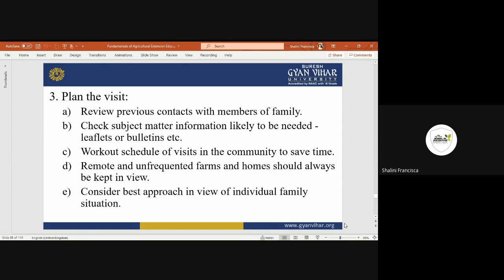Consider the best approach in view of the individual family situation. Whatever situation the family is going through, you need to have some best approaches for how you will go and talk to that family. For example, there may be a family that has been punished for some crime or some other reason and thrown out of the village.